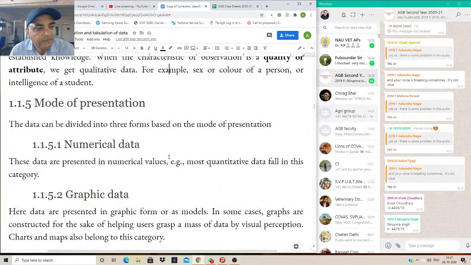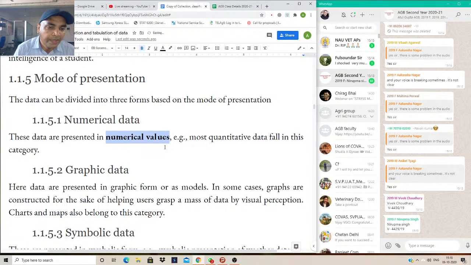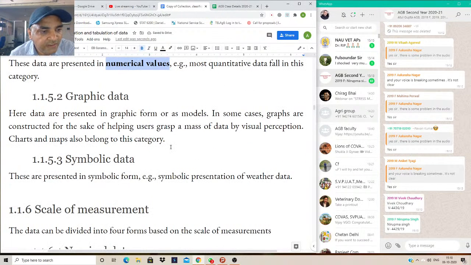Then data can be further differentiated into different types based on the mode of presentation, that is, how a data is presented to you. It can be numerical data. If a data assumes numerical values, then it is said to be numerical data. Then comes graphic data.